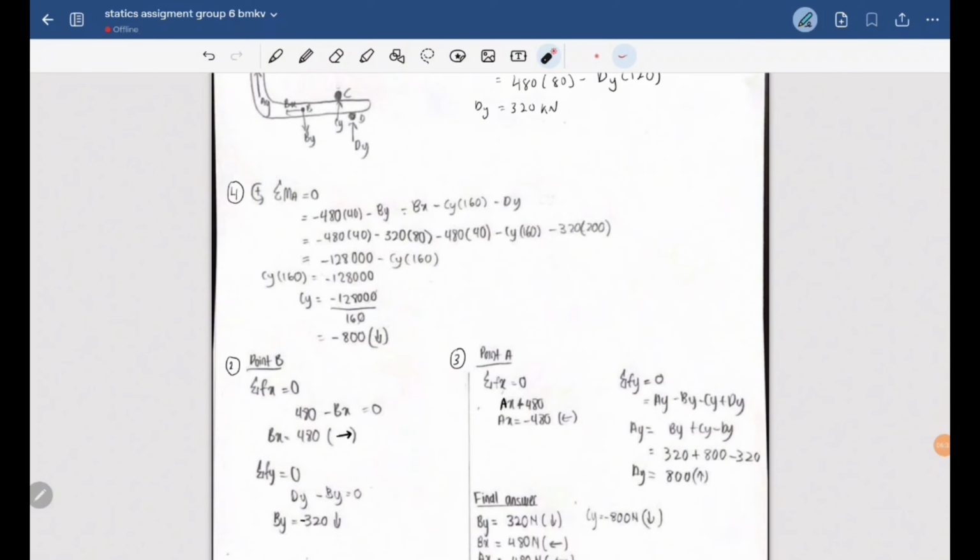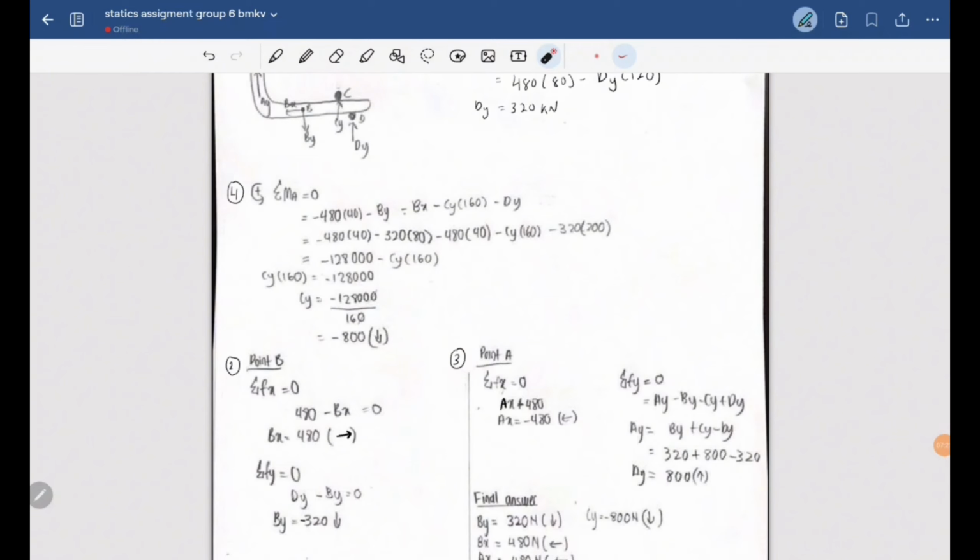For moment at point A, we use clockwise as negative and anti-clockwise as positive. So the sum of moment at A equal to 0. So negative 480, the distance is 40, minus by, minus bx, minus cy, the distance is 160, minus dy. So we substitute all the values that we already found.